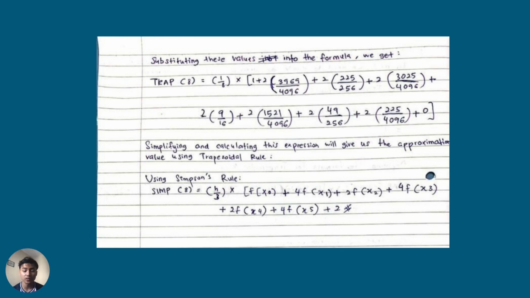value using the trapezoidal rule. And lastly, using the Simpson rule. The Simpson rule S8 equals h over 3 times [f(x0) plus 4f(x1) plus 2f(x2) plus 4f(x3) plus 2f(x4) plus 4f(x5) and so on].